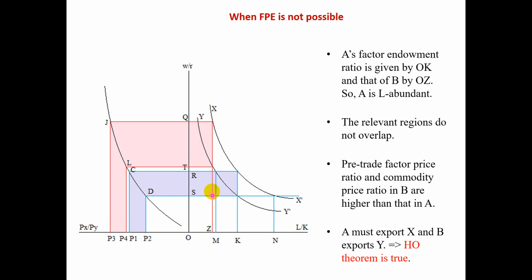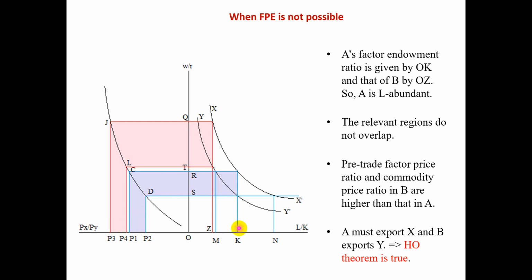So now the relevant regions do not overlap. So QT is the factor price zone for country B, and RS is the factor price zone for country A. Similarly, P1, P2 is for A and P3, P4 is for B.